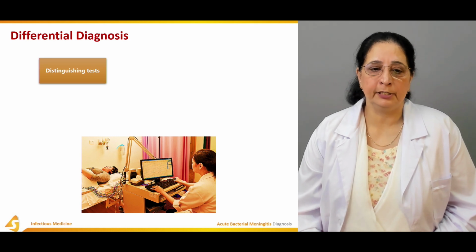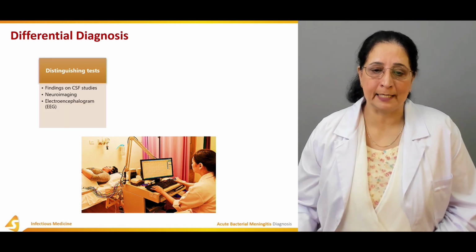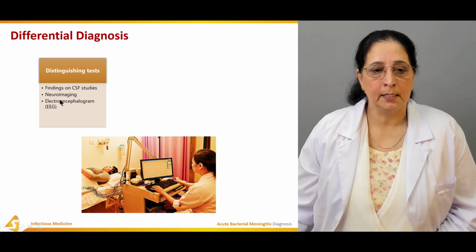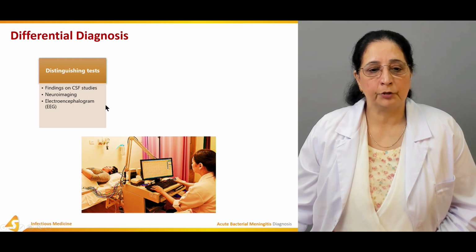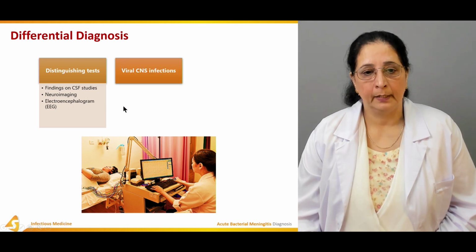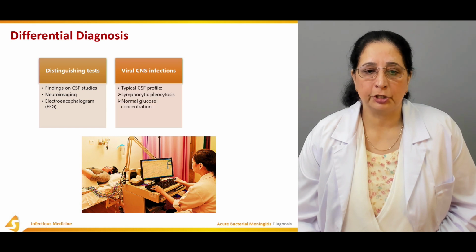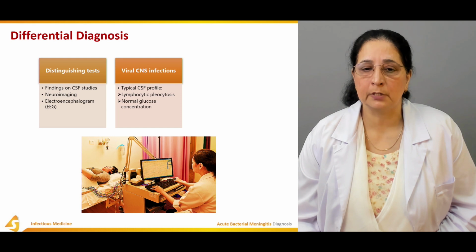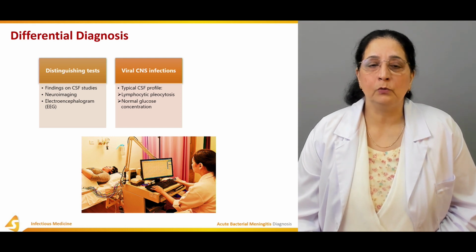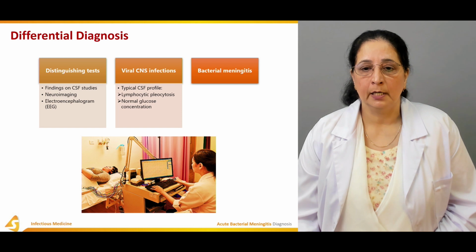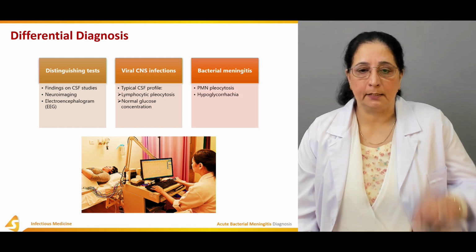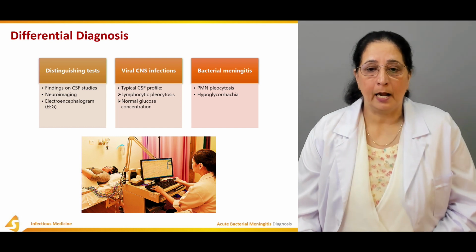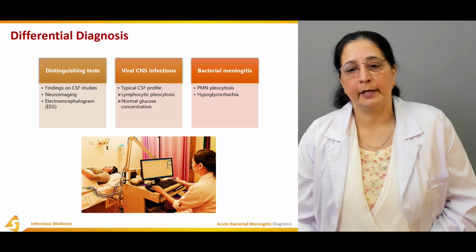Also, the distinguishing tests to differentiate are findings on CSF studies, neuroimaging, and electroencephalogram. Viral CNS infections we can check by lymphocytic pleocytosis and normal glucose concentrations. In bacterial meningitis, we have polymorphonuclear pleocytosis and hypoglycorrhea.